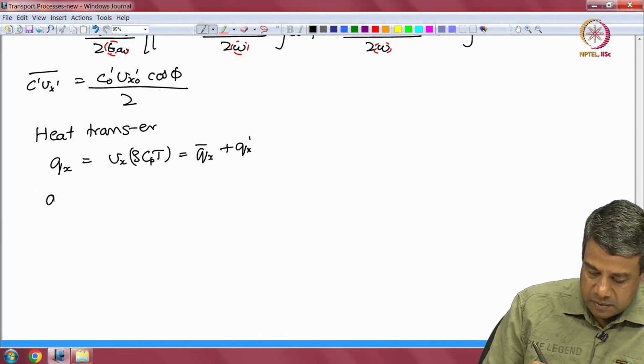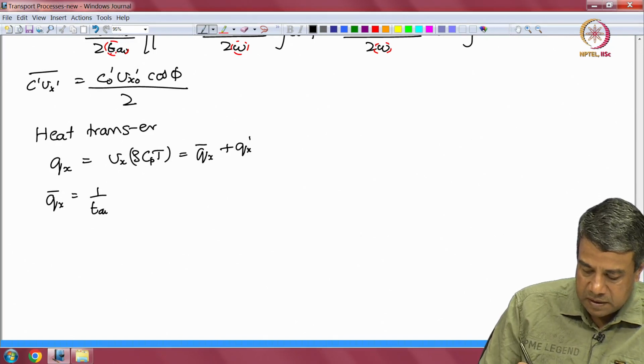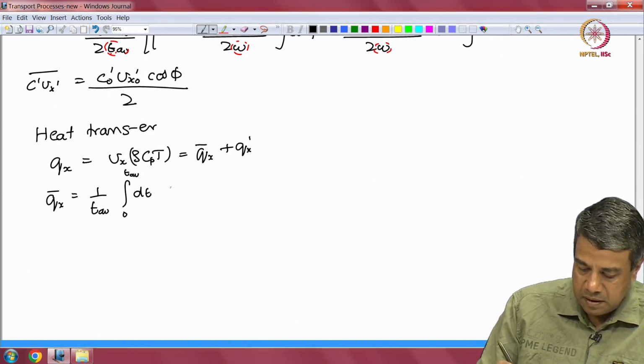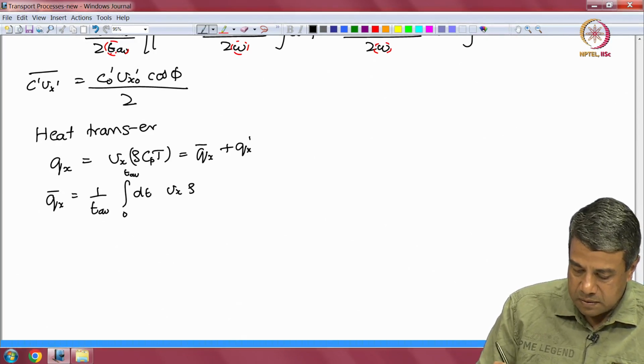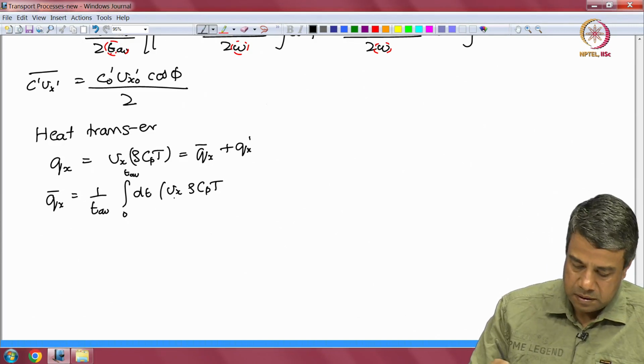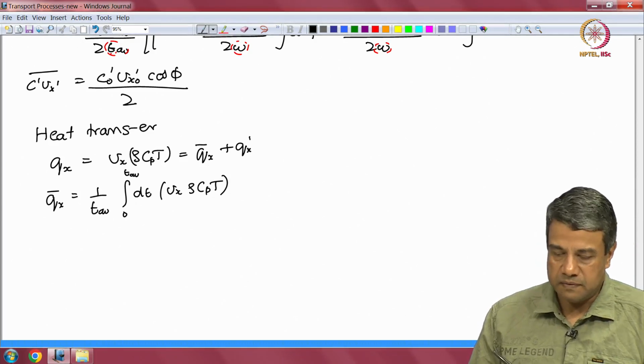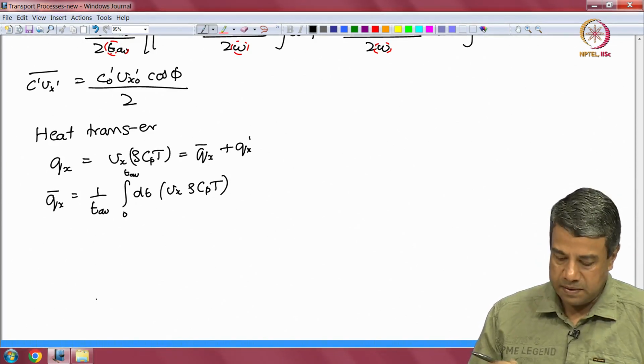Therefore, Q x bar is equal to 1 over T average integral 0 to T average dt V x rho C p T, where rho C p T is the enthalpy content in that parcel of fluid, the enthalpy density.